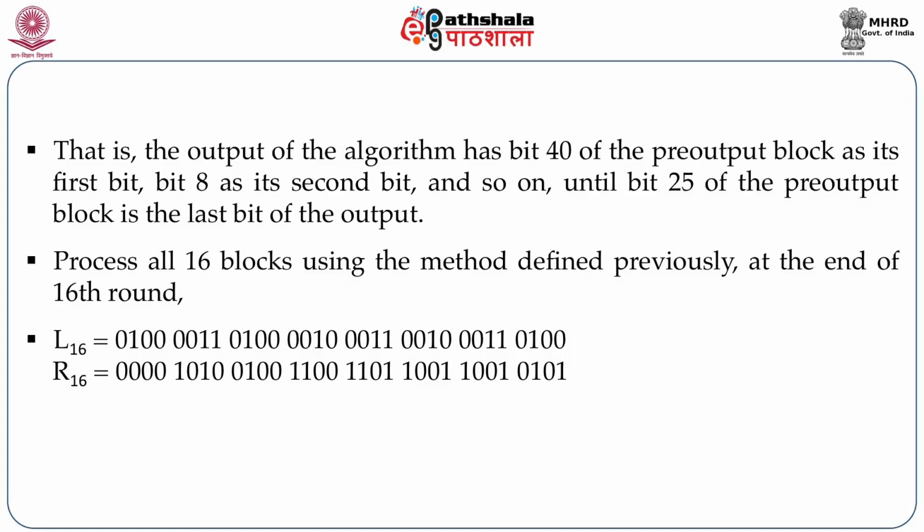Reverse the order of the block, and what you get is the final hexadecimal format output. So you can see, we started with M, which was 0, 1, 2, 3, 4, 5, 6, 7, 8, 9, A, B, C, D, E, F, and we ended up with a ciphertext that is 85E813540F0AB405.